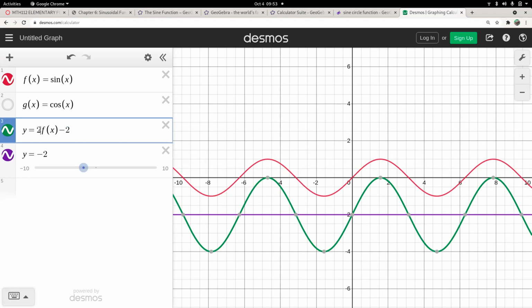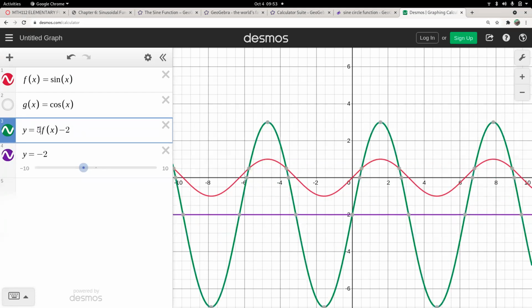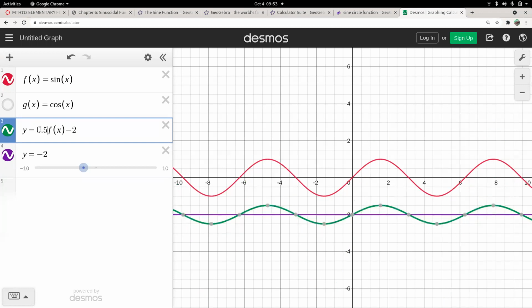So instead of doing a 2 times out there, I could do a 3 times. It's still going to be centered at y equals -2. That's still going to be the midline, no matter how I do that stretch or compression. Even if I do like 0.5 there, still centered on y equals -2, because that was the shift that I made here.